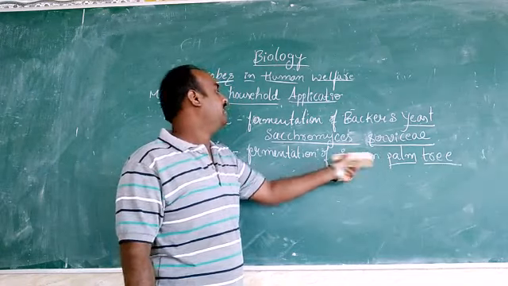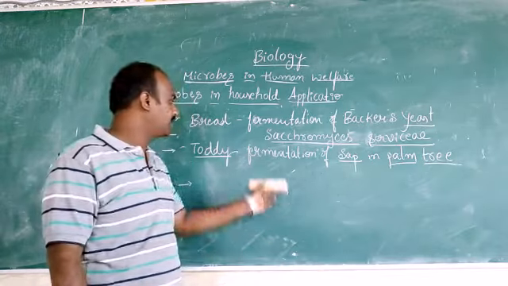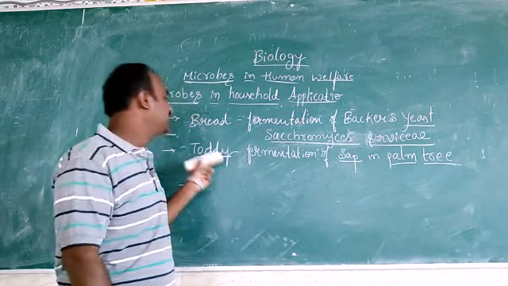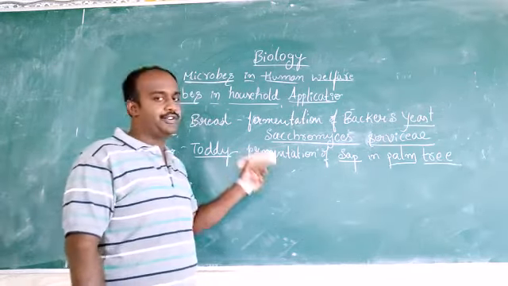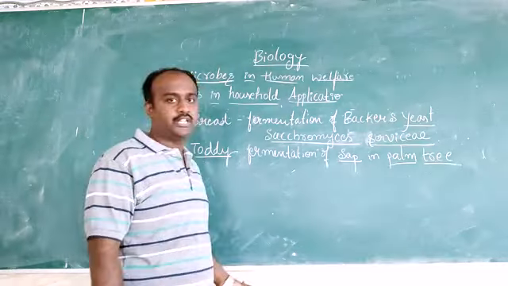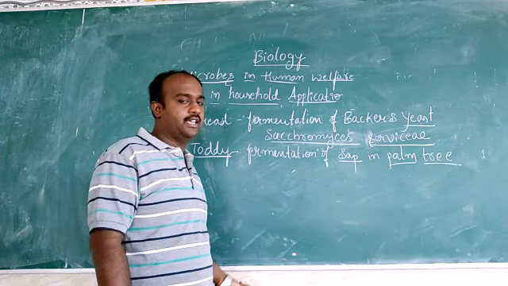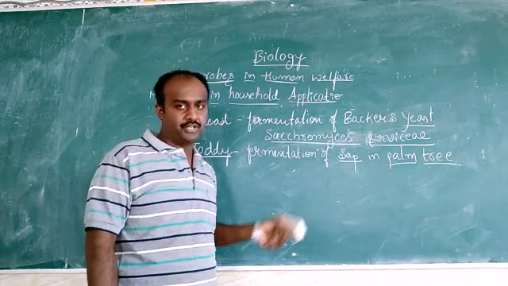From this nutritive part of the palm tree we extract a liquid or drink by fermentation. That drink is known as toddy. Toddy is a traditional drink found in the region of South India, which is obtained by fermentation of sap in palm trees.